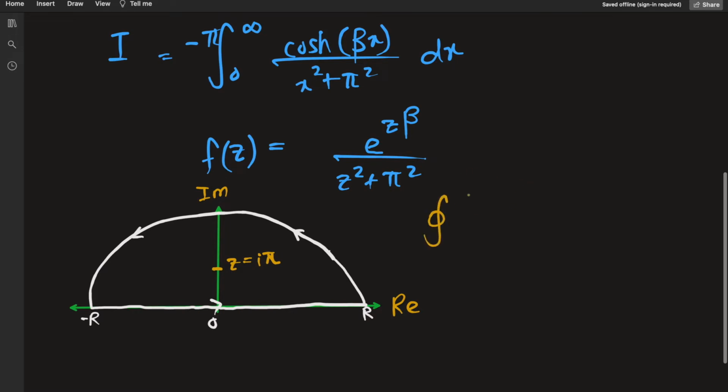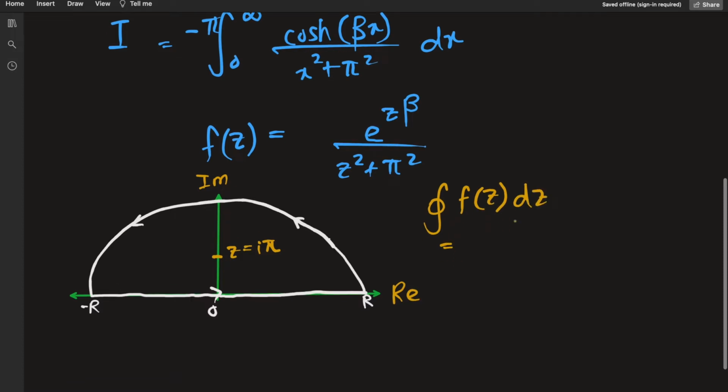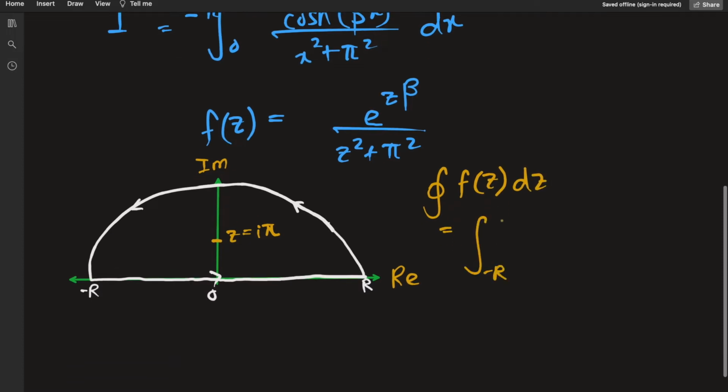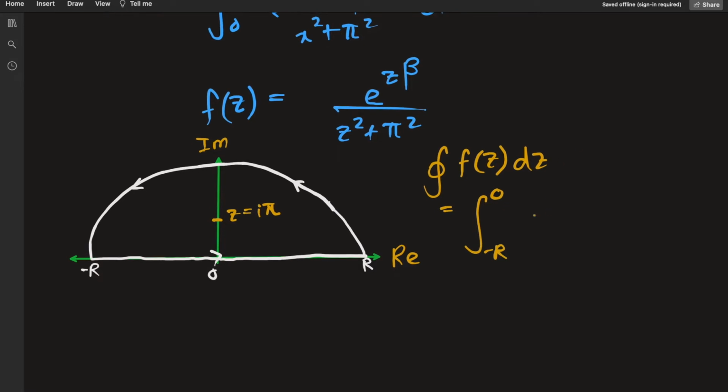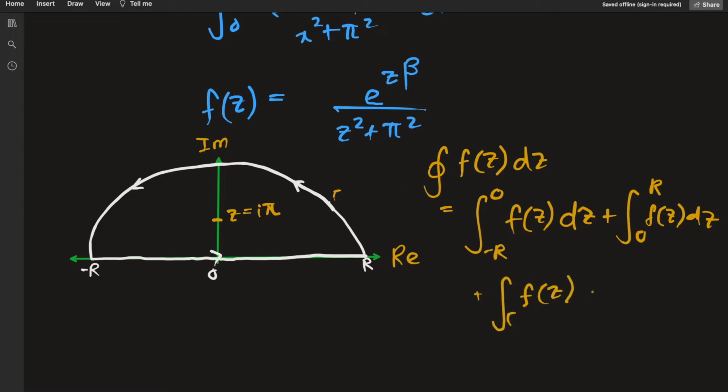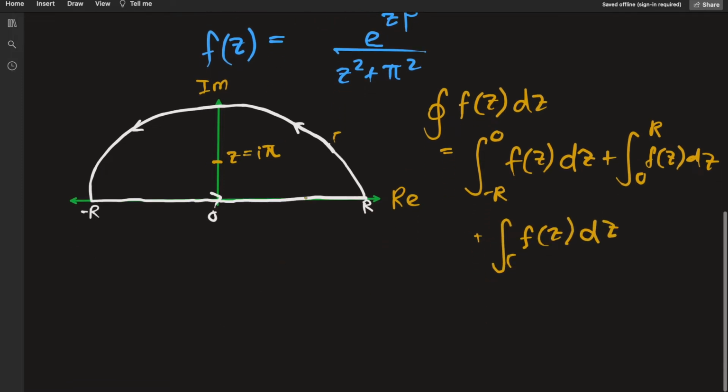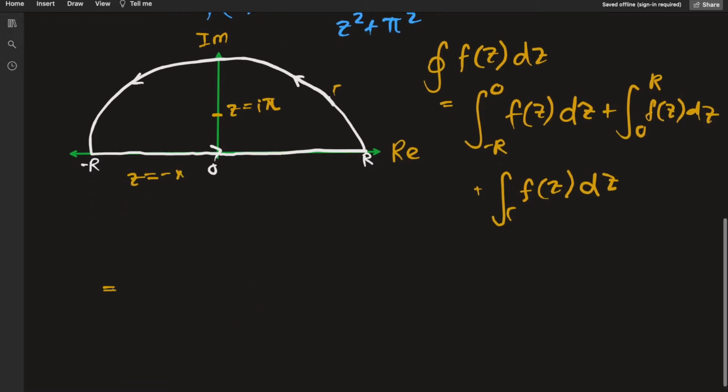And then we perform contour integration. So first you go from negative r to 0, f of z dz, then go from 0 to r, f of z dz, then go around gamma, f of z dz. On this first path, z is equal to negative x. So I'm just going to skip some steps.